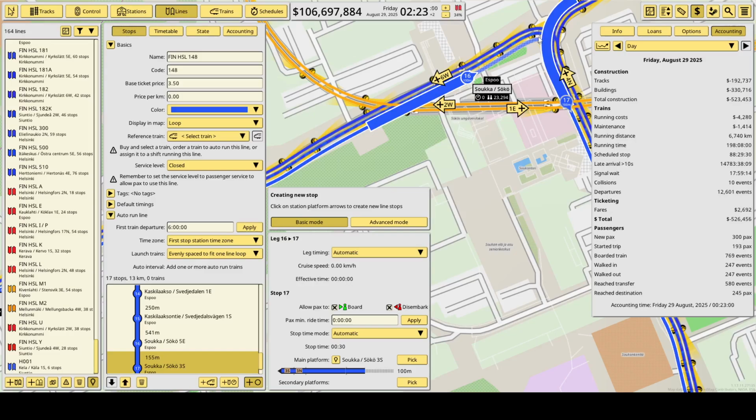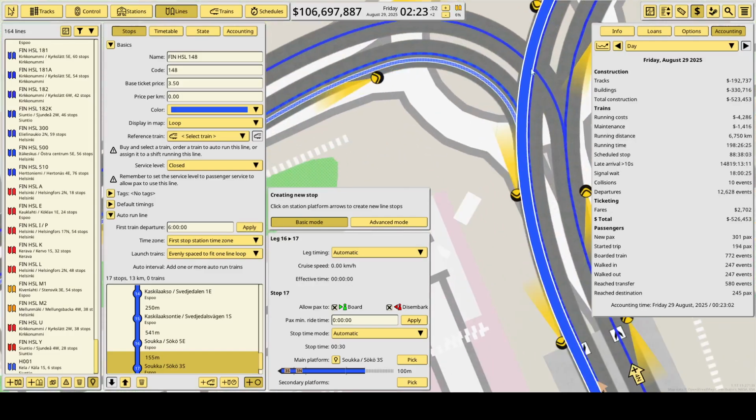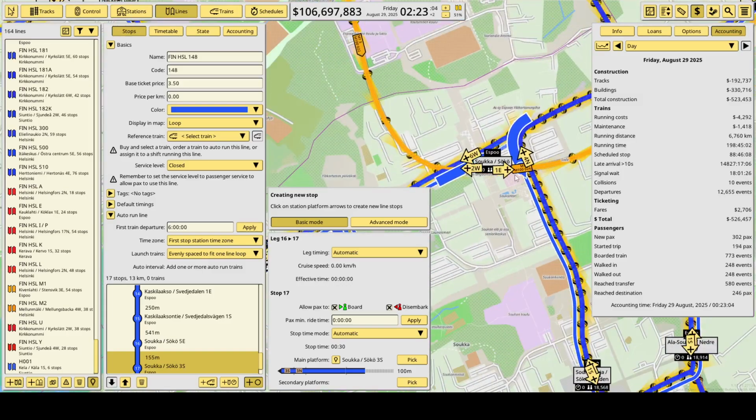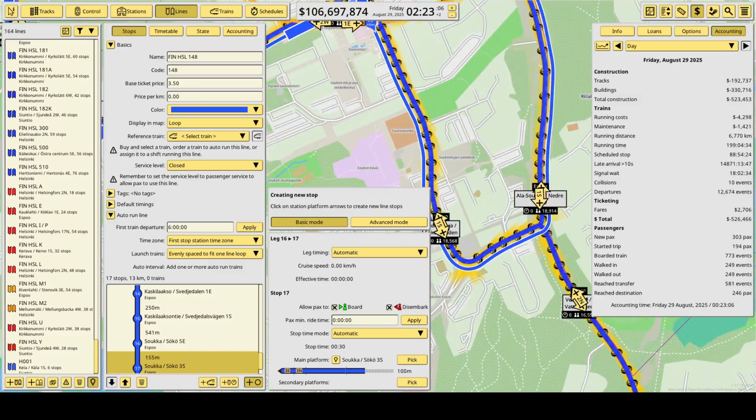That's great, but there is also... Yeah, the crossing works fine. Thank you. After the Soukka station, we will then have a stop. Okay, this is interesting.